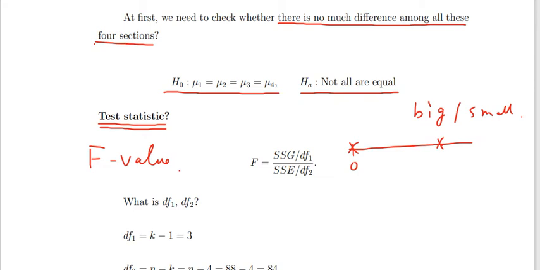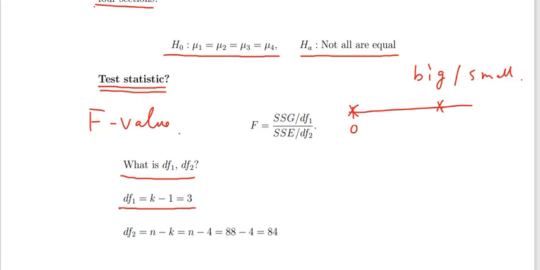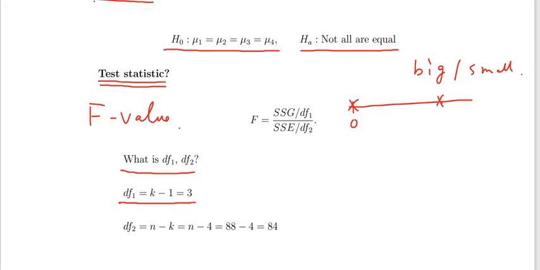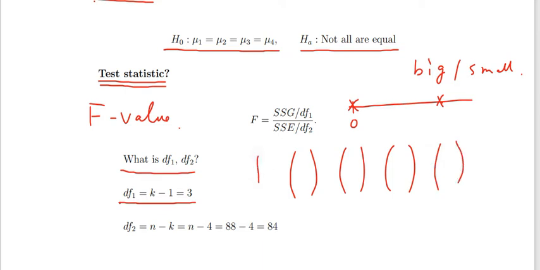So as the first step, let's determine those degrees of freedom. The degree of freedom for the numerator, for SSG. Remember SSG is where we just compare 4 groups, group 1, group 2, group 3, group 4, and we assume in this direction there is no difference, right?